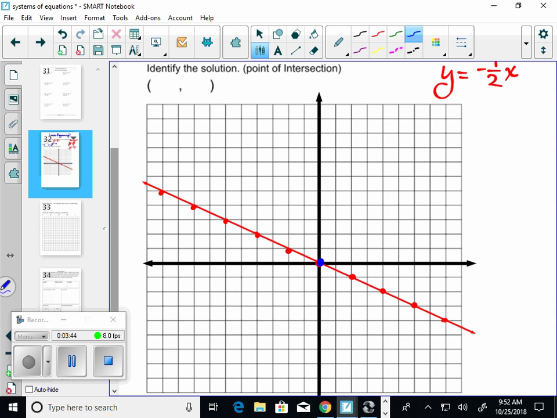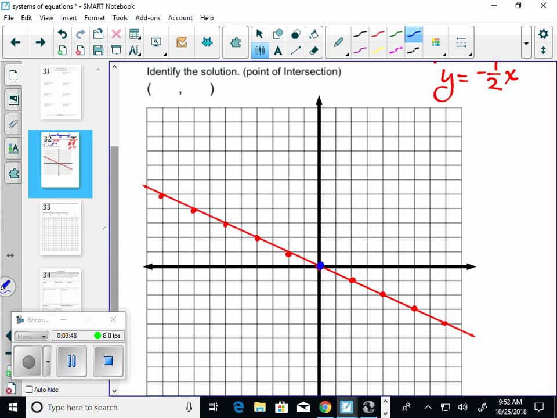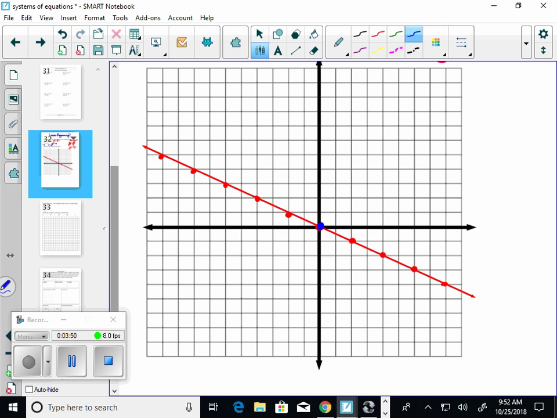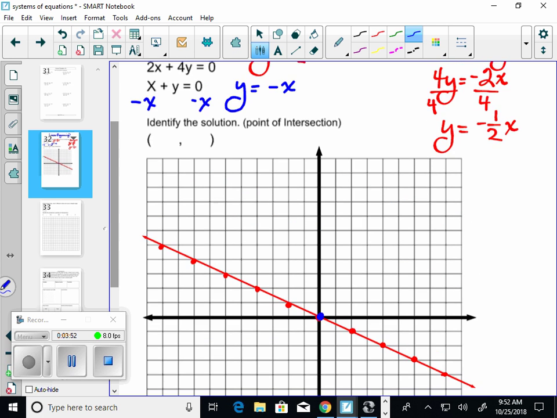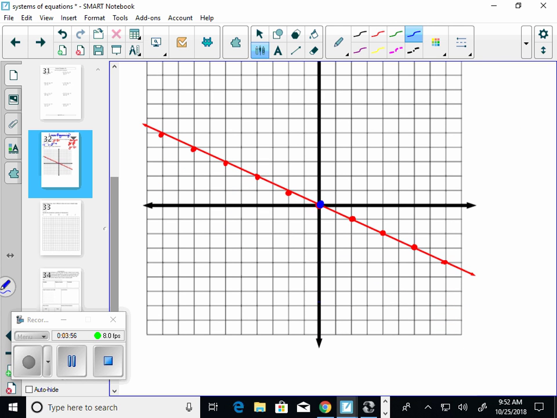Now my slope is down 1 over 1, because it's a negative 1. If I look in front of the x, I see a negative sign only. So that means it's a negative 1. So down 1 over 1. I'm going to go all the way through the graph, and backwards, then draw your line.